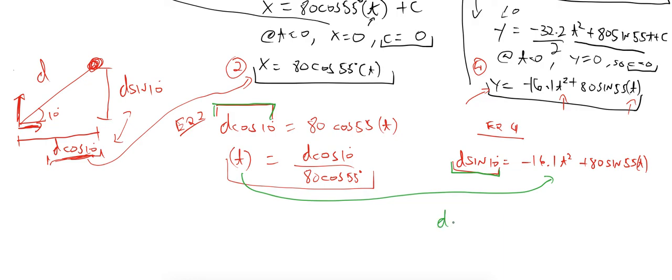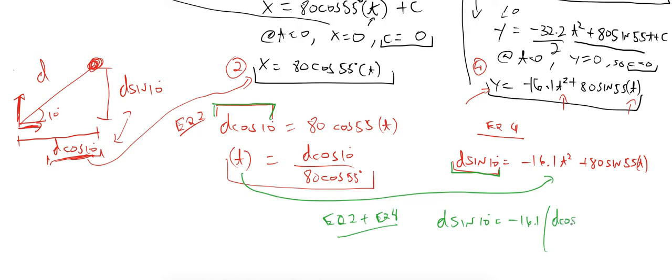So then when we combine, and now I can do what I was planning on doing, plus equation 4 gives us d sine 10 equals minus 16.1. Let me be careful here. Let me simplify time real quick. I'm going to keep it that way for now.